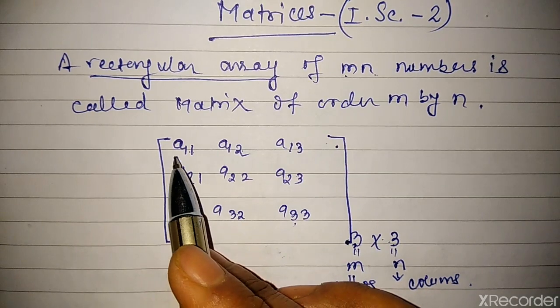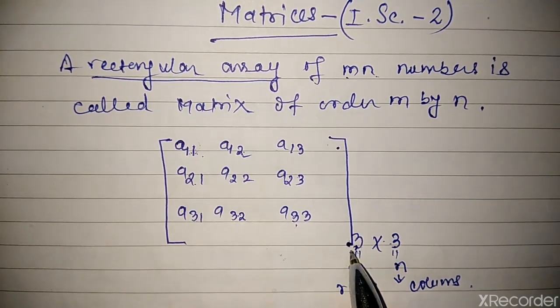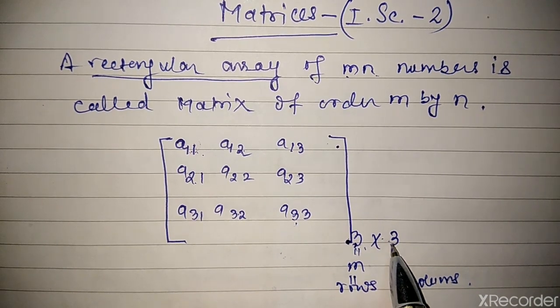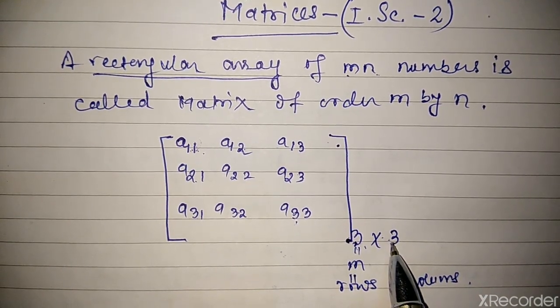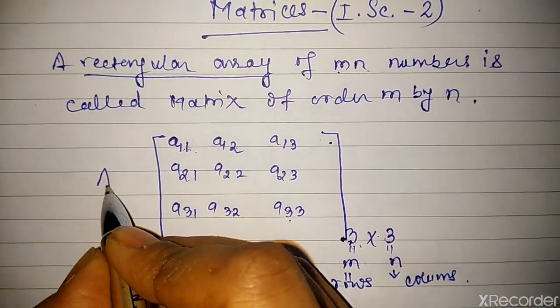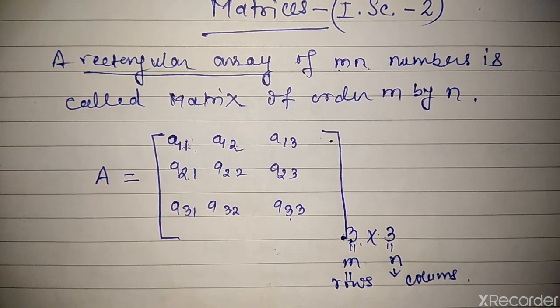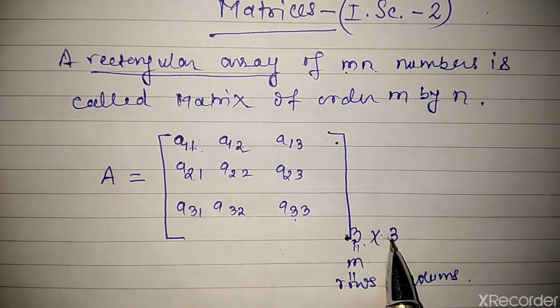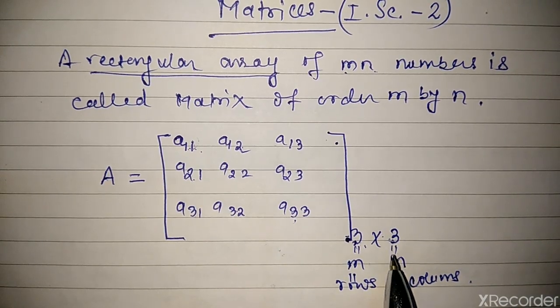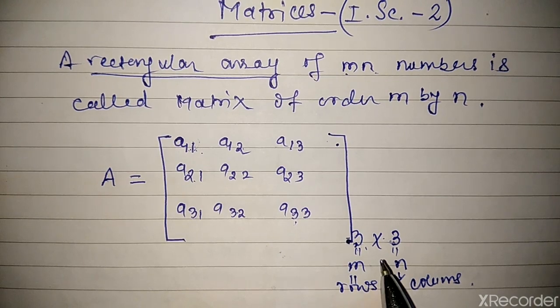That's why we have written A11. So A11 is an element of this matrix of order 3 cross 3. If we name this matrix A, then we say that matrix A has 3 rows and 3 columns. And what about the element of the first row and first column?